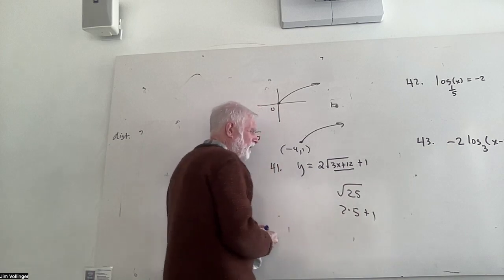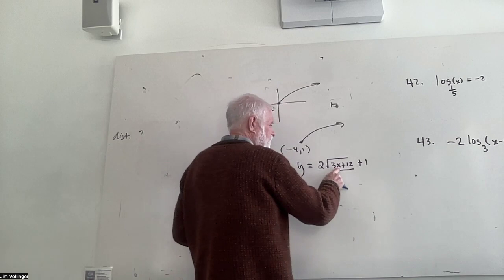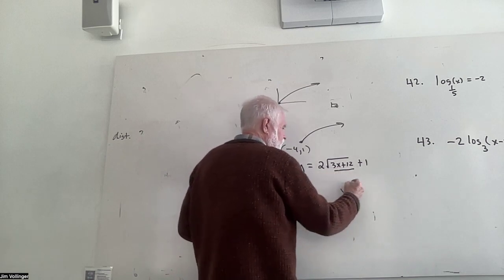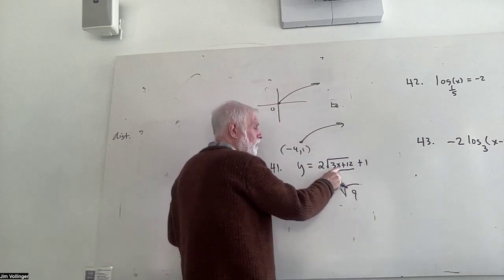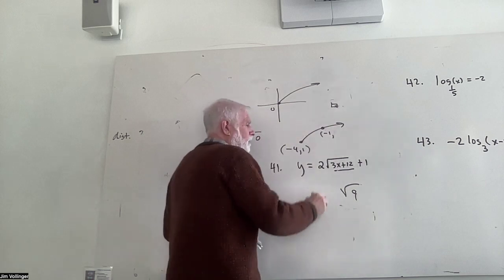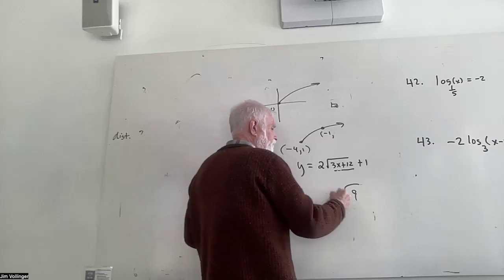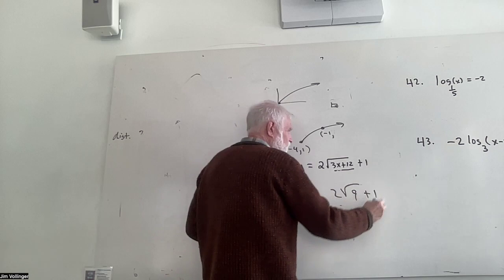No, I wouldn't do 25 this one time, I wouldn't. So I just randomly pick a number here, and I can see that what's going to be nice. 9. I think the square root of 9 is going to be nice. Okay, so how do I get that easily? -1. So I'll pick -1. -1 times 3, -3 plus 12 is 9, square root of 9 is 3, times 2 is 6, plus 1 is 7.